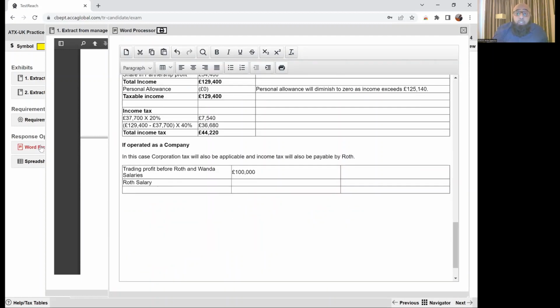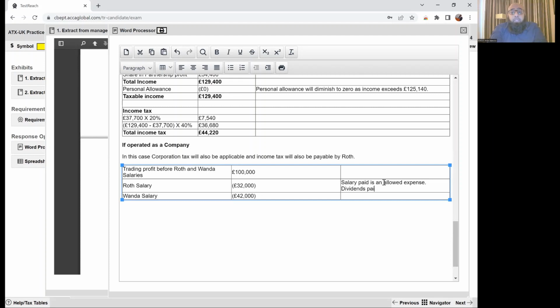Now we are in the situation of a company. Now always remember that salary paid is an allowed expense. Dividends paid are not an allowed expense.